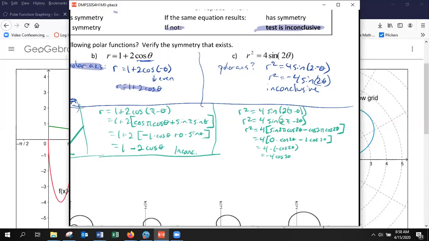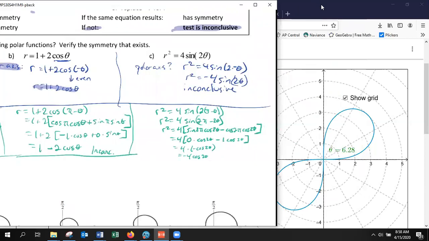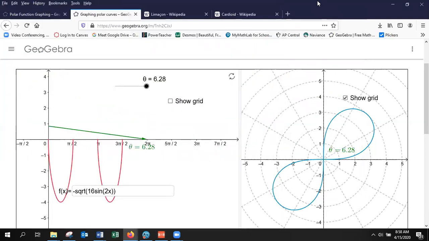So what this tells me is we don't have any symmetry. Let's verify that on our graph. To do that, we're going to have to write this as 2 times, I guess we can leave it as the square root of 4 sine of 2x.